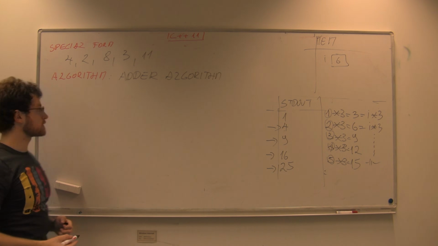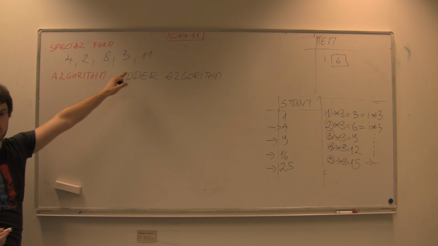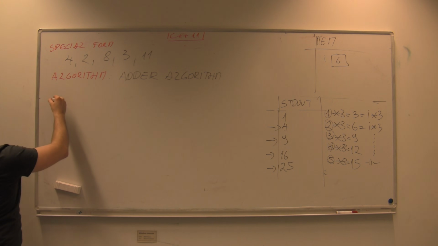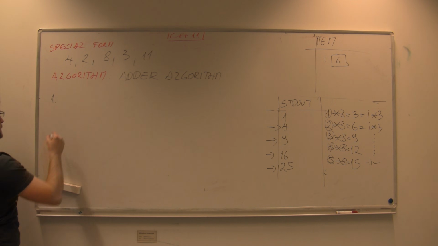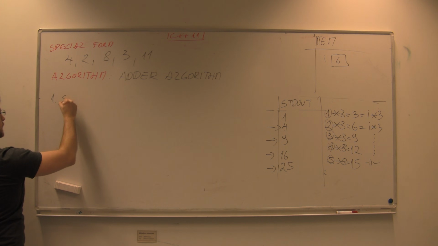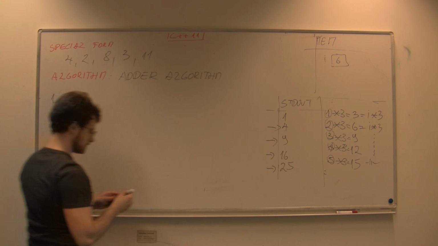And it has 3 steps. So to compute the sum of a sequence of numbers, we first introduce a variable sum and set sum to 0.